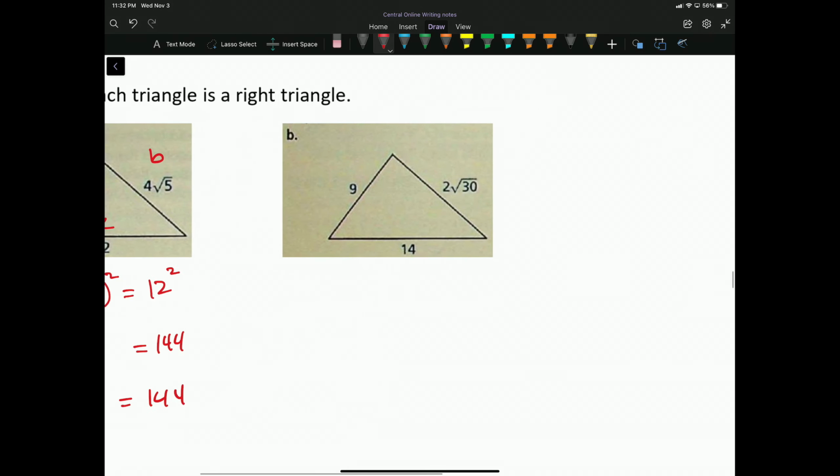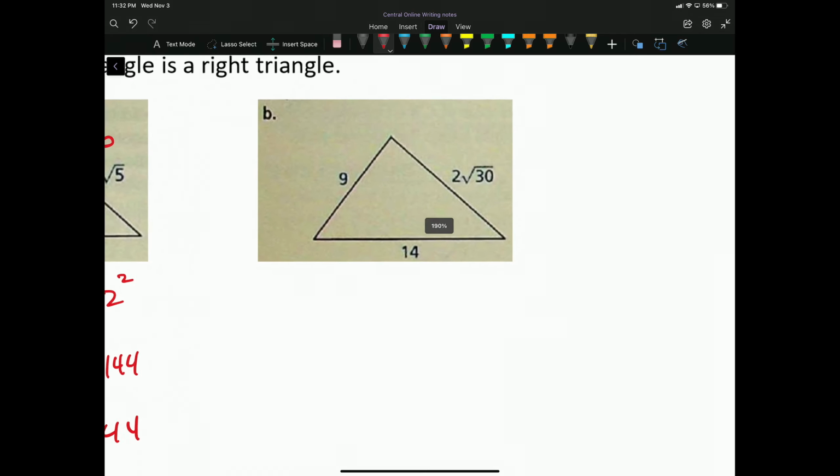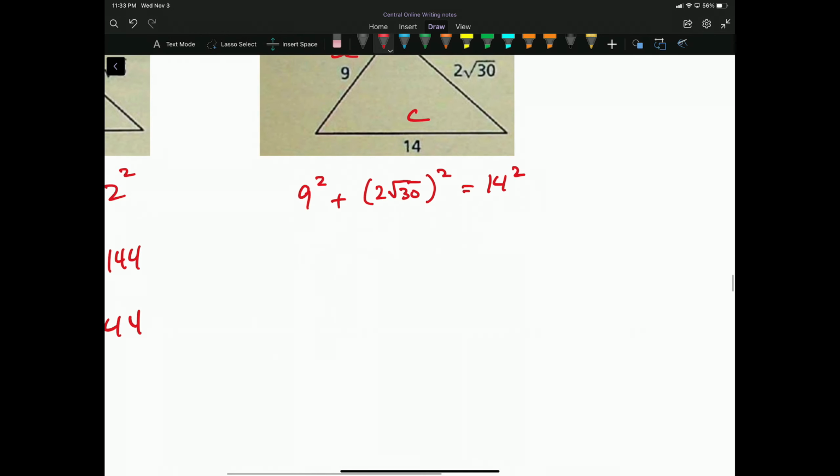Then here, try letter B. Okay, so I'm going to go ahead and label my parts. I'm going to do 9 squared plus 2 square root of 30 squared equals 14 squared. 9 squared is going to be 81.